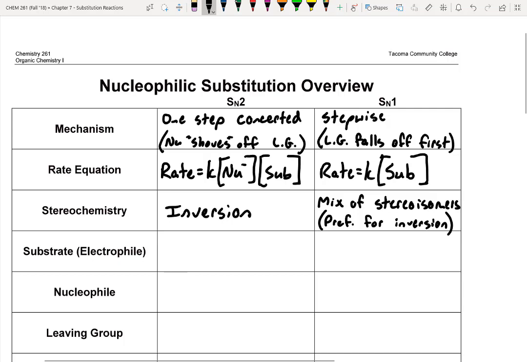All right, substrate, the electrophile. So that's the thing that we're attacking with our nucleophile. For Sn2, what's more favorable, a bulky one or a less bulky one? Less bulky. So that we can clarify this and we can say sterics impact rate.